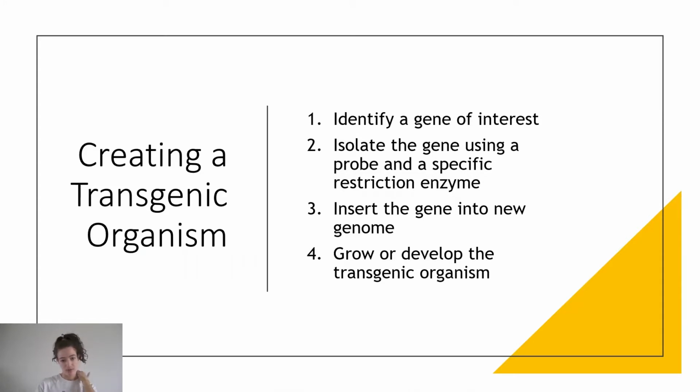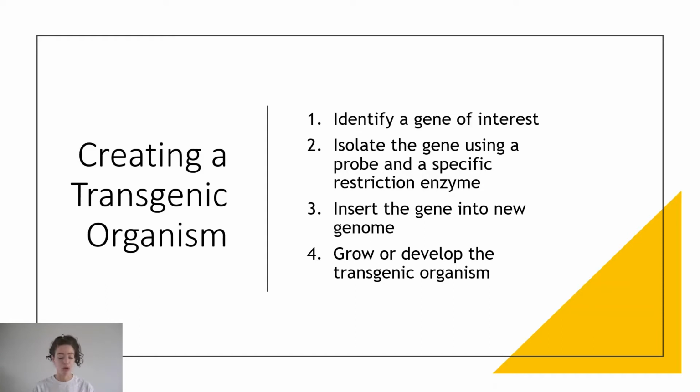Okay, so there are 4 steps to creating a transgenic organism. Firstly, we need to identify a gene of interest. For example, that might be one that confers herbicide resistance in a plant. Step 2 is isolate this gene using a probe and a specific restriction enzyme.